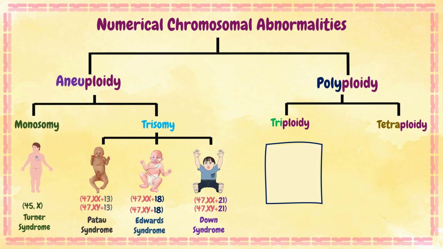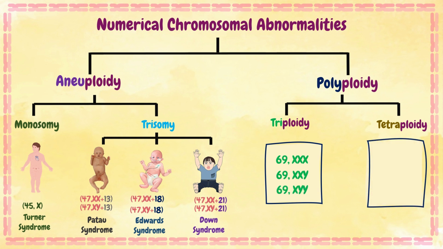The most common example of polyploidy is triploidy, possessing 3 sets of chromosomes. There are 3 possibilities in triploidy: 69XXX, 69XXY, and 69XYY. Tetraploidy means possessing 4 sets of chromosomes.